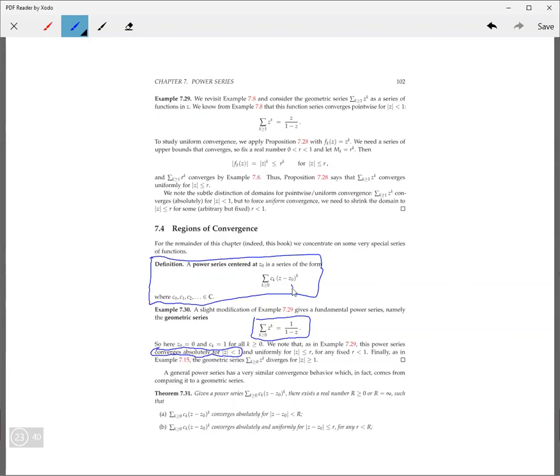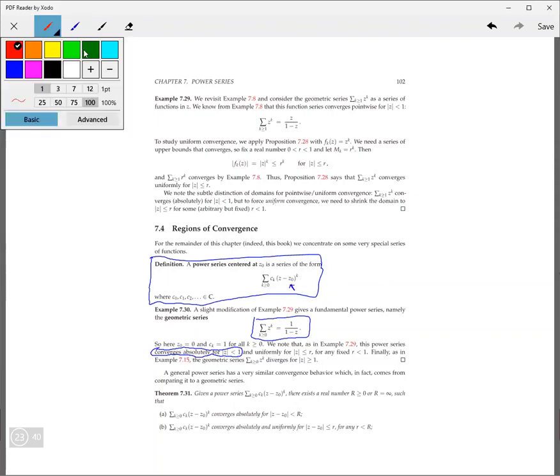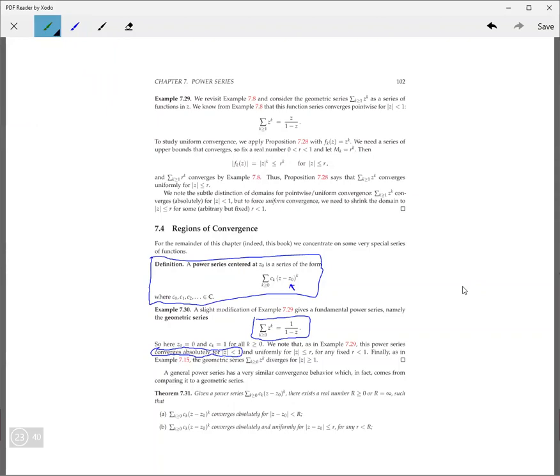So let me draw a picture. Let's say this is Z0 right here. What's typically going to happen is there's going to be a disk.